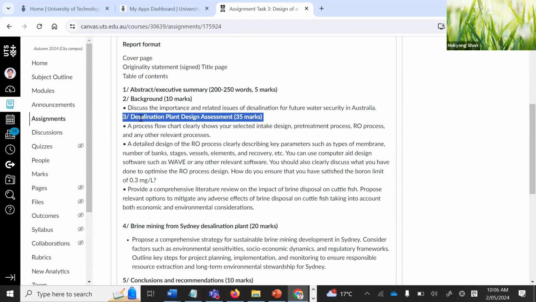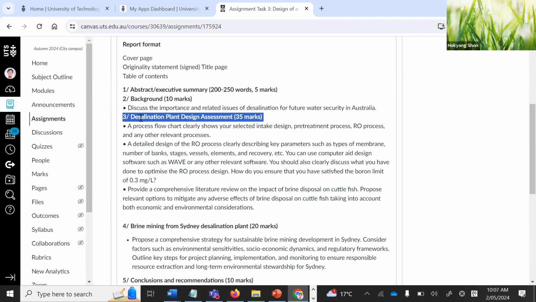So you can use computer aided design software Wave and any other relevant software. Wave is free software from DuPont. DuPont, you know, is an international company and they have provided software to design your seawater reverse osmosis or seawater desalination or wastewater reuse designing.